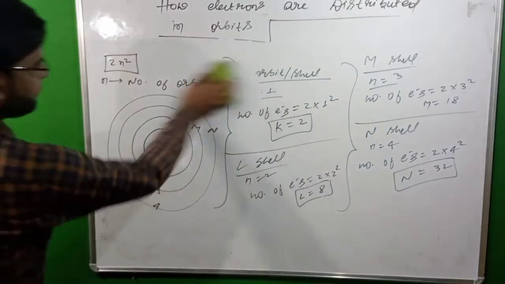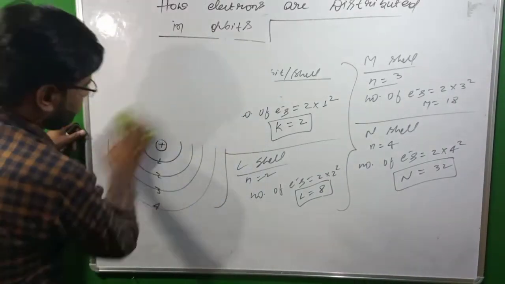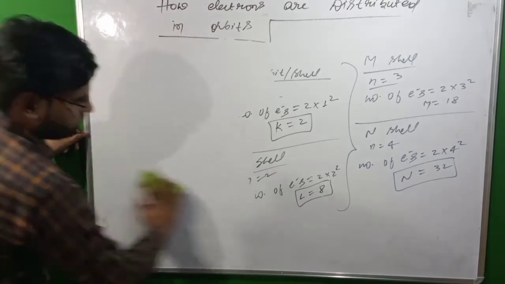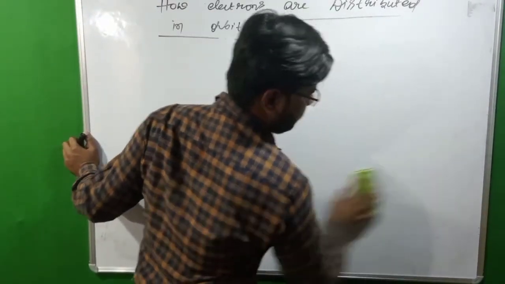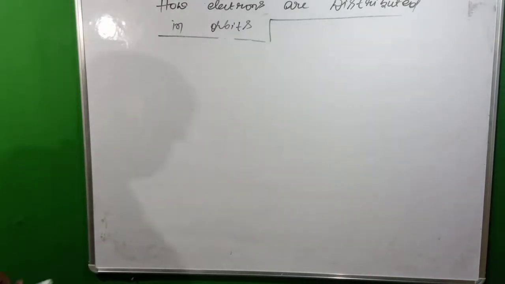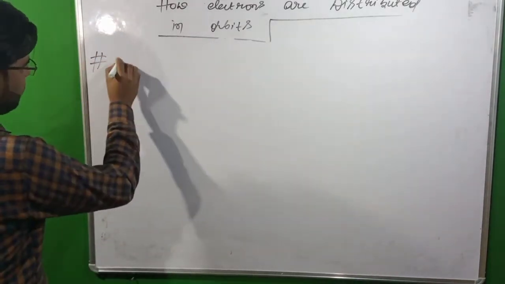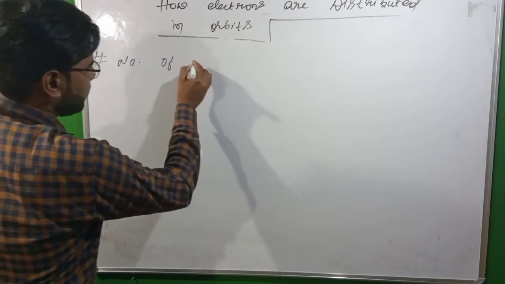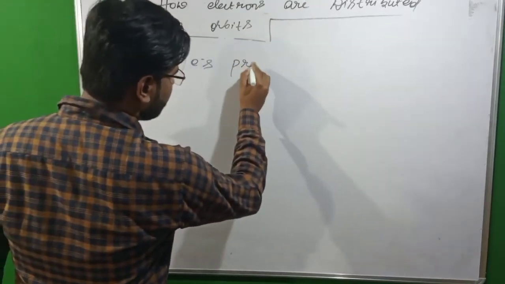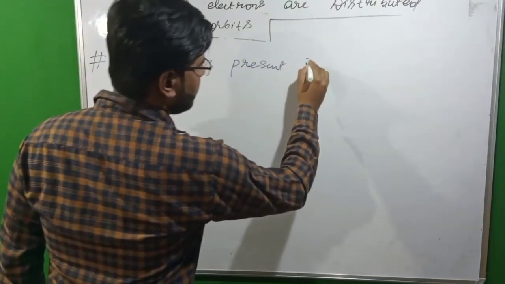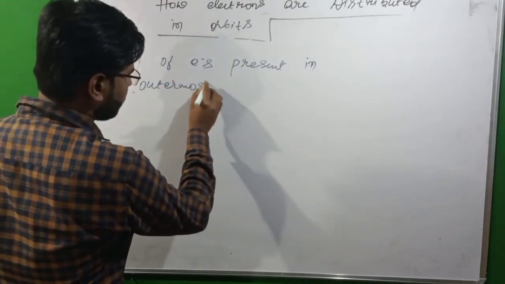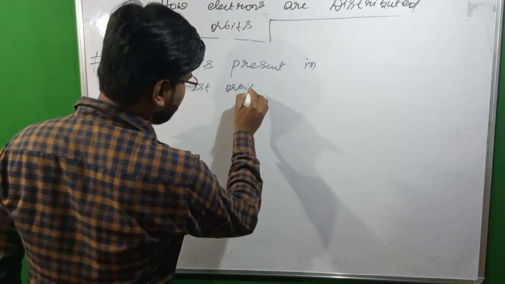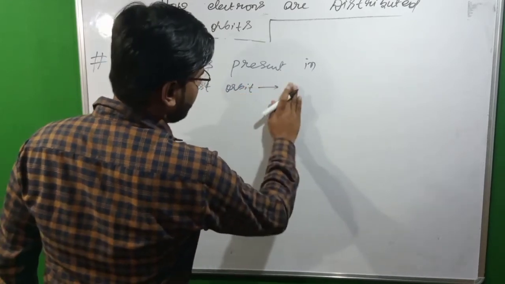Let me rub the board. The topic is the number of electrons present in the outermost orbit is 8.